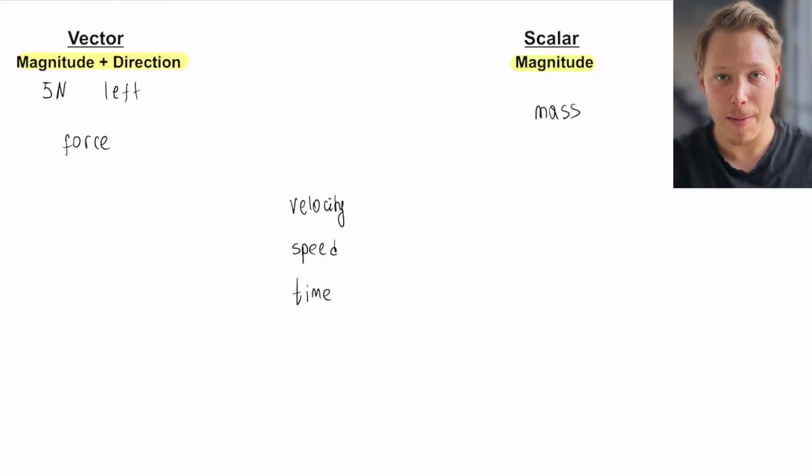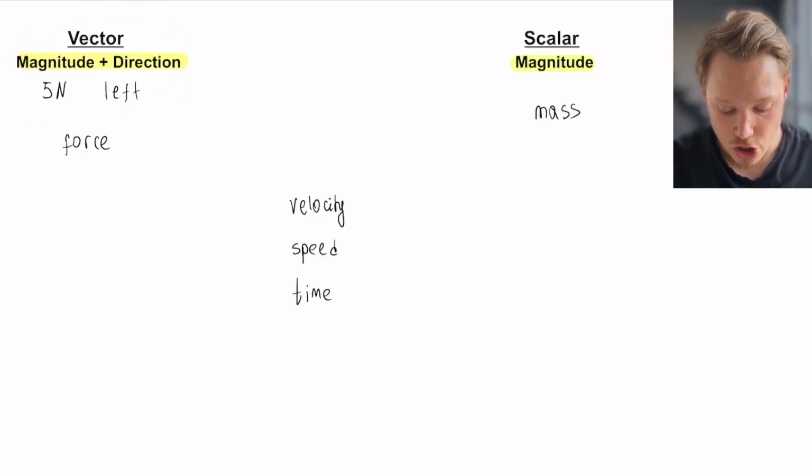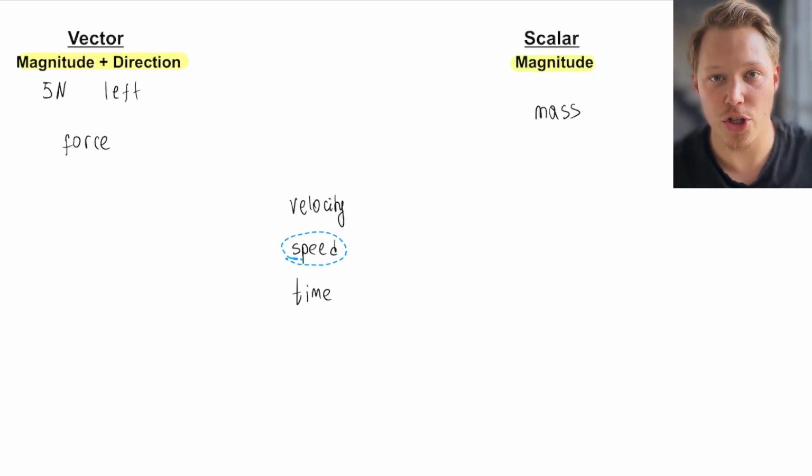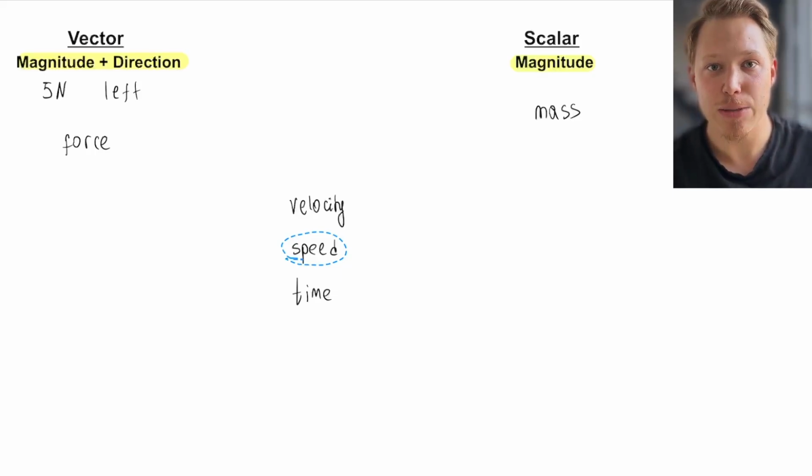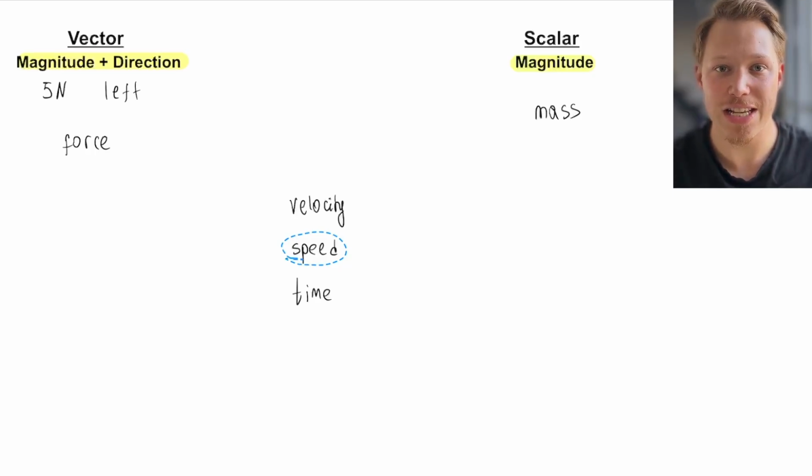Now, I want you to think about the rest of these quantities, starting with something like velocity and speed. So speed, you're probably familiar with the term from everyday life. For example, in the cars, we have speedometers. Speedometers tell us how fast the car is moving. 50 miles an hour, 60 miles an hour. Hopefully you don't go over that speed limit.